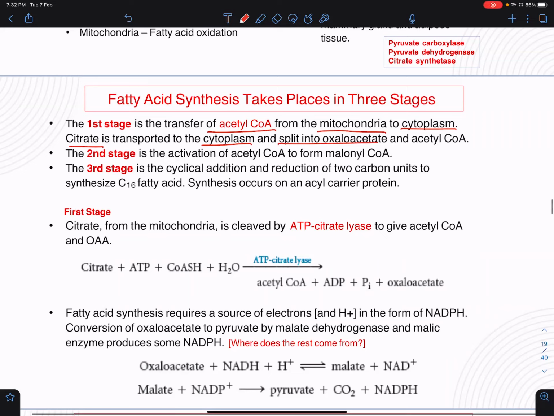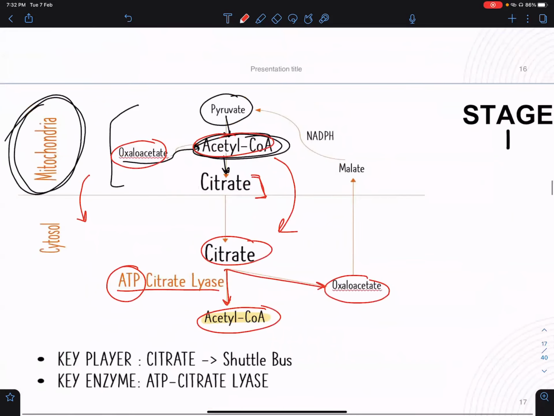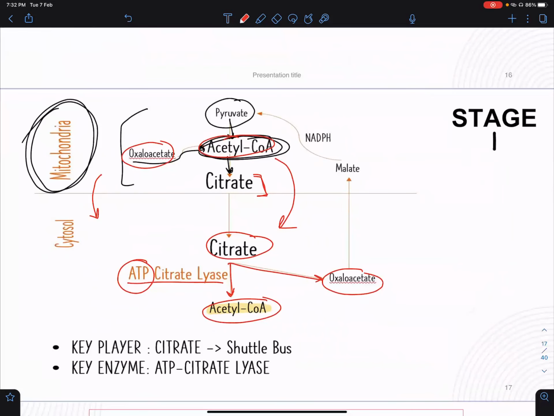This is the same thing we just talked about, okay? So always remember, citrate just carries the acetyl-CoA from the mitochondria to the cytosol. Then it breaks back into acetyl-CoA and oxaloacetate. This is where we need the acetyl-CoA to be, because fatty acid synthesis occurs in the cytosol.